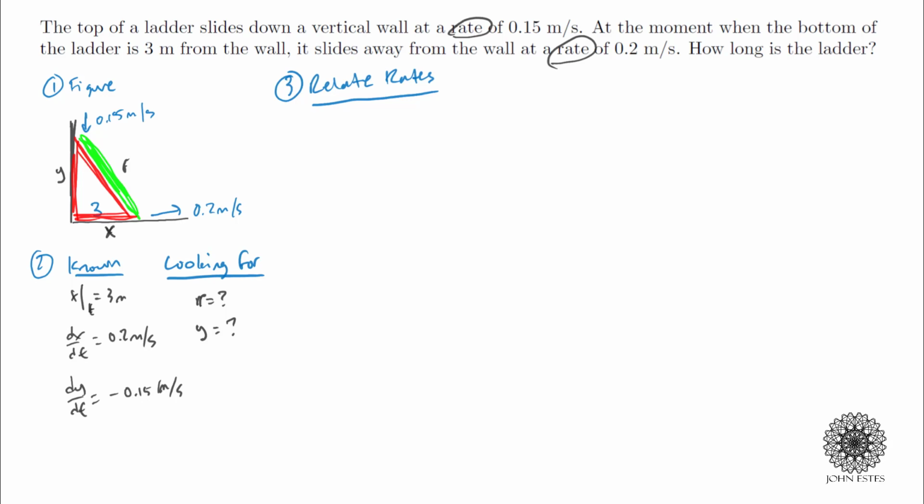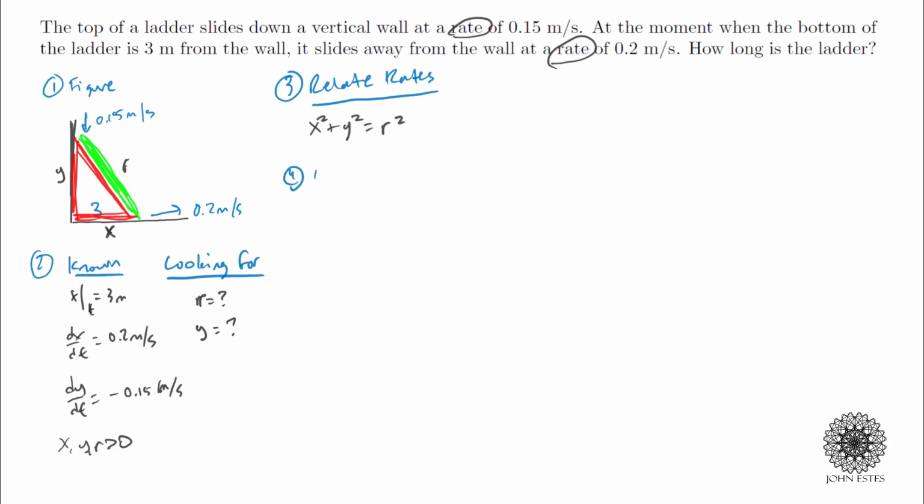So here I do know through the Pythagorean theorem that x squared plus y squared equals r squared. And one other thing we know that we didn't mention here, but x, y, and r are all positive, right? We're not going to have negatives in our directions and in our length of a ladder. Okay, so there's my related rates. There's a way I can relate my variables.